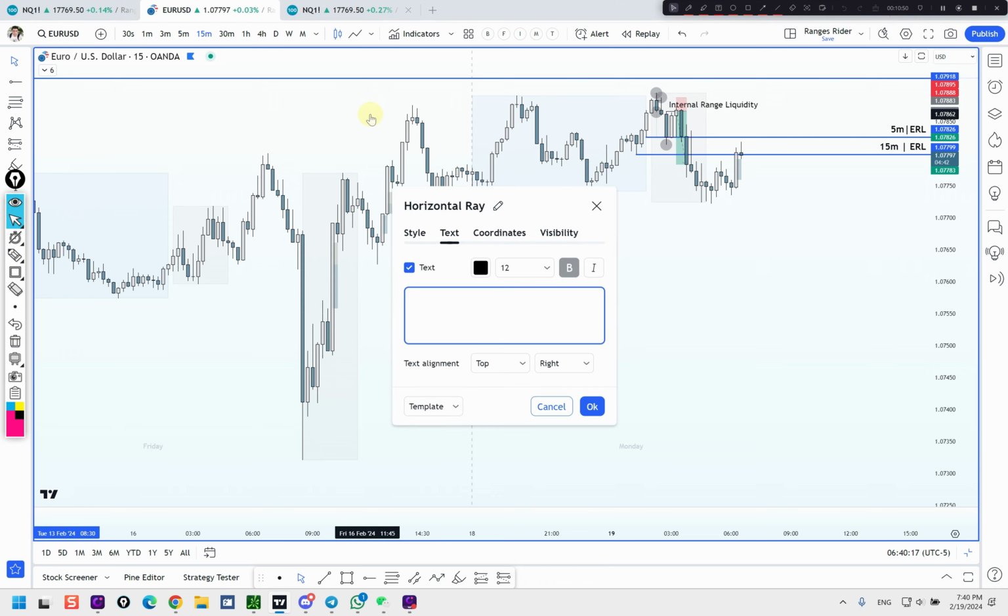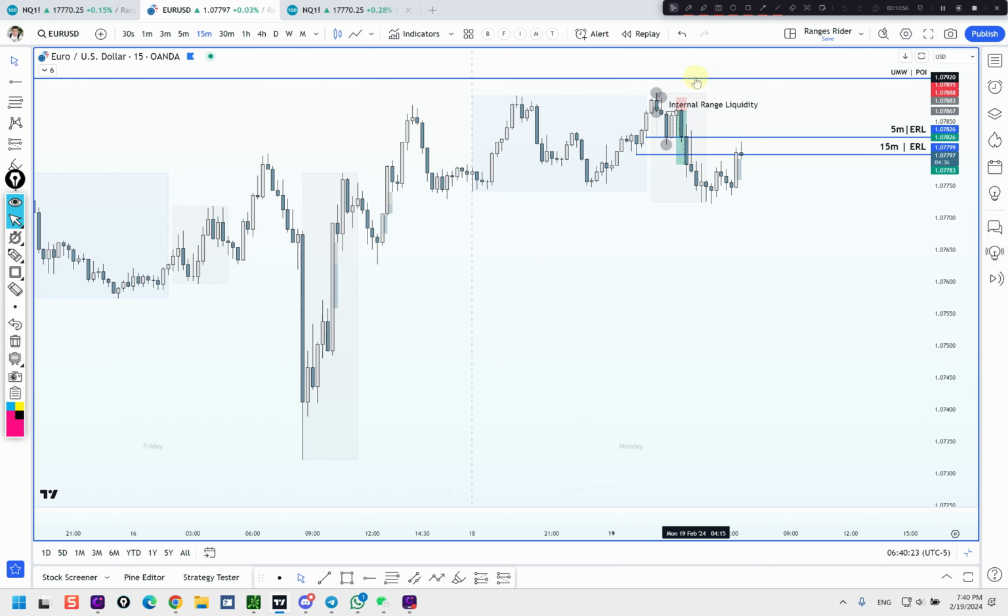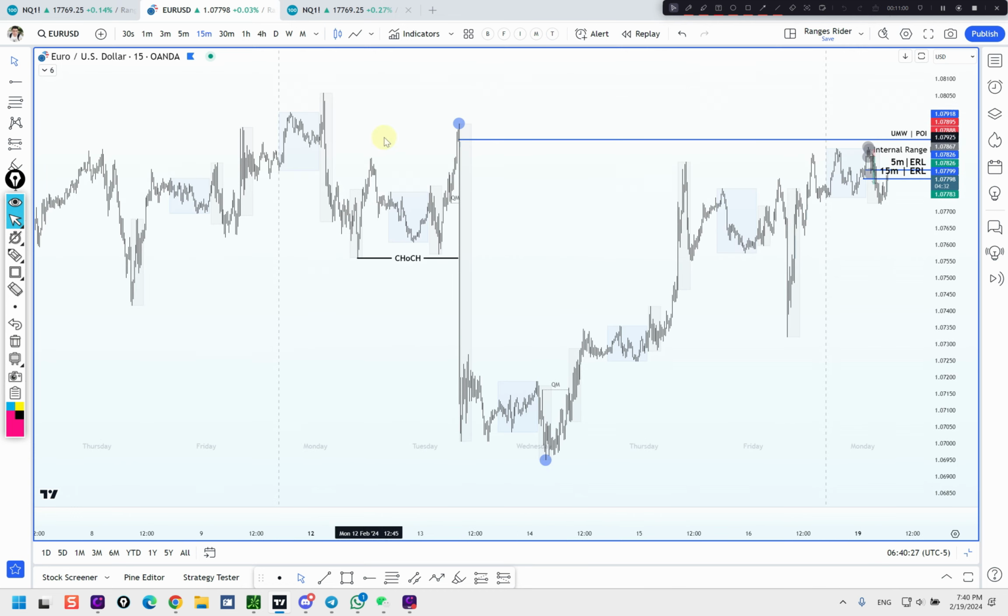Your objective is this one, unmitigated weak as a POI. So I still look for this one, and I actually want to sell above this level. Above this level, what is this level?